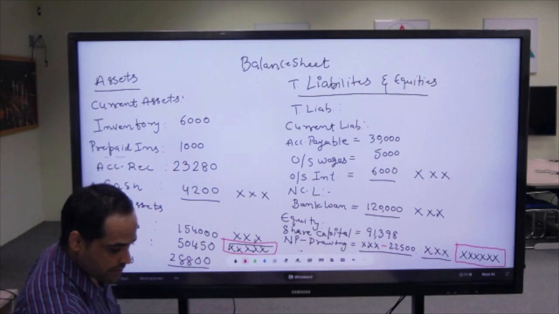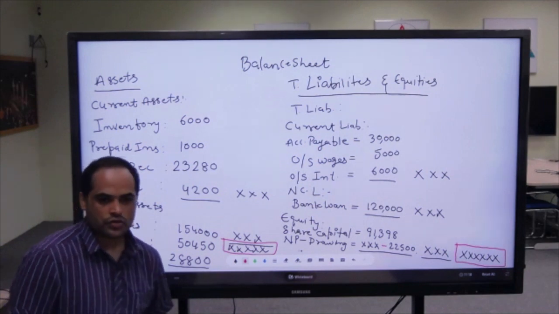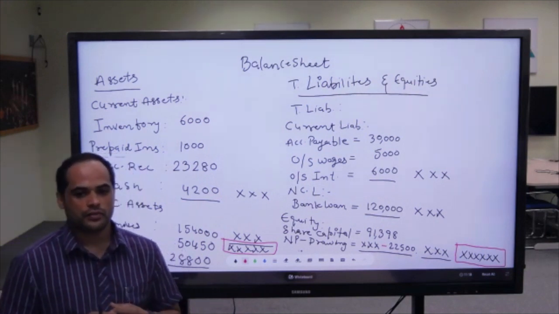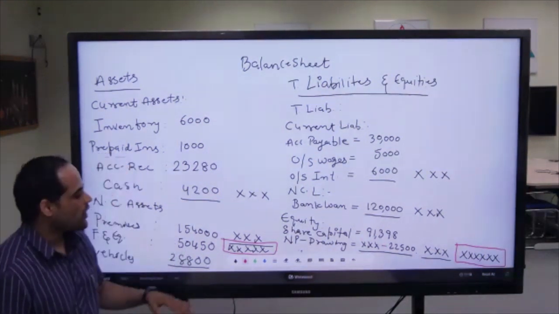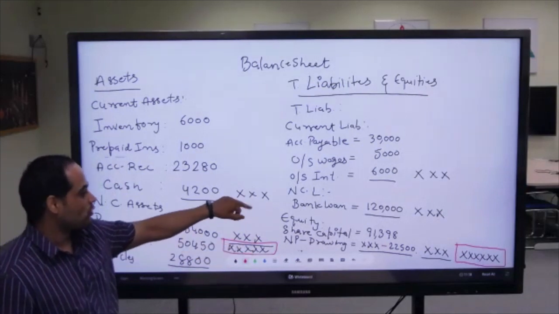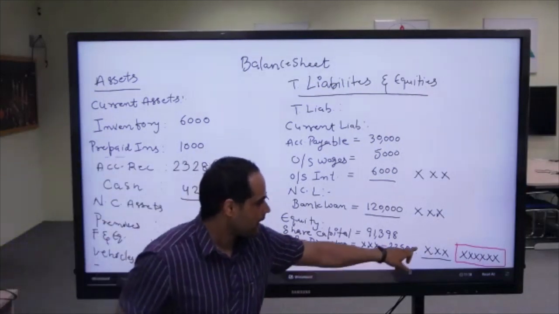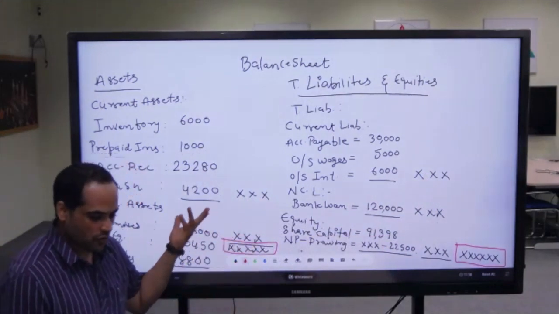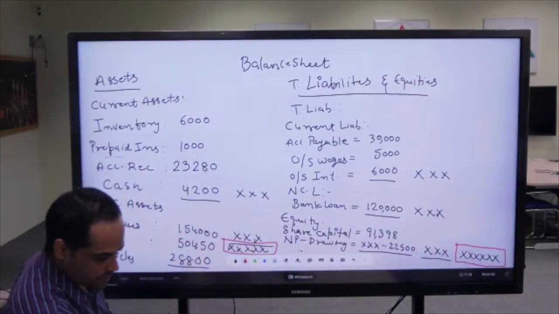If these numbers are equal, that means your answer is correct. Now I'm going to tell you what these numbers are, but of course you have to fill in the blanks that are left here. I'm going to give you one side's number, and of course there will be another side too.